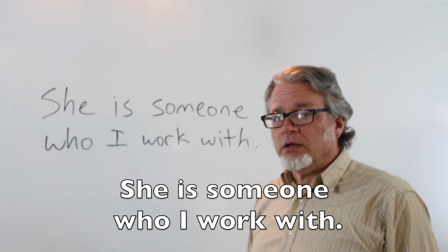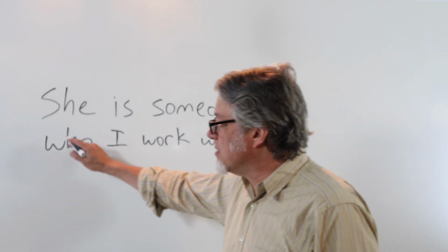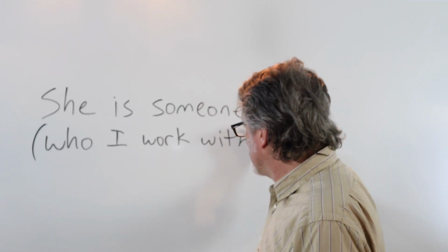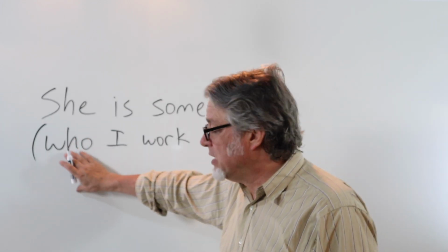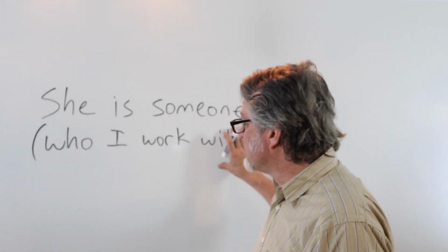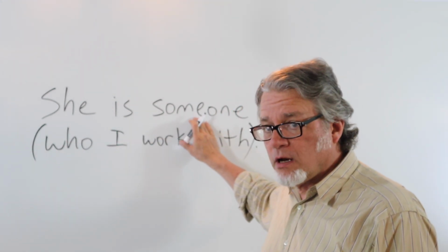She is someone who I work with. Here's the relative clause, or again, you can call it an adjective clause beginning with who. All of this provides information about someone, a person.